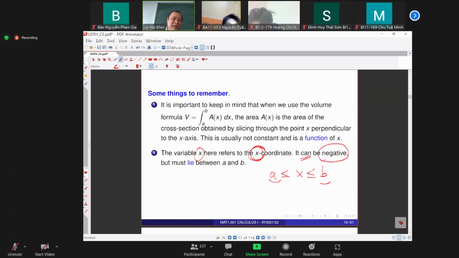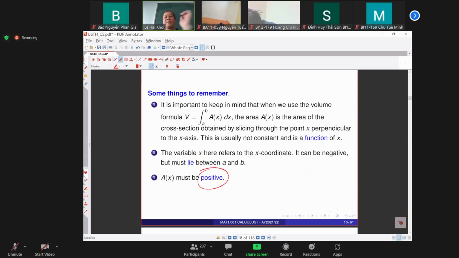If you take from -1 to 2, then of course, in this part you have negative x. So it doesn't matter. But the main thing is A(x). Here I write positive because in the case 0, you get nothing. So this remark you should pay attention to.